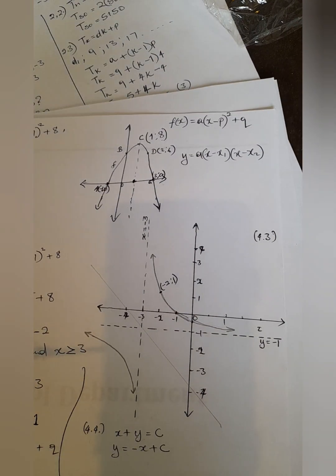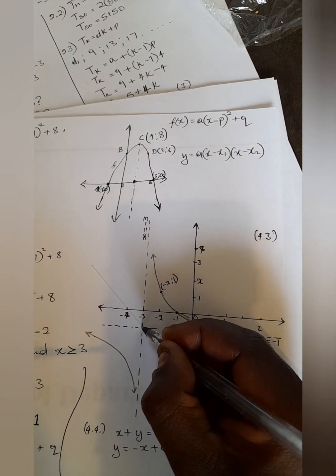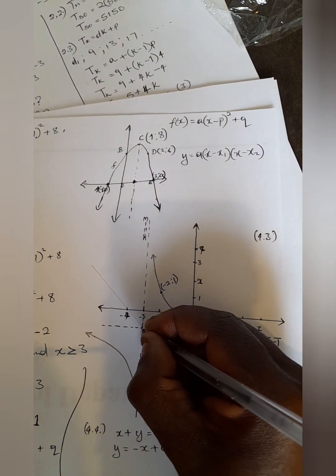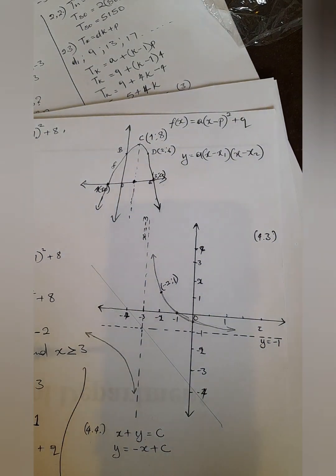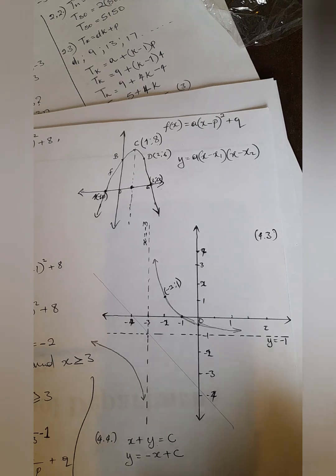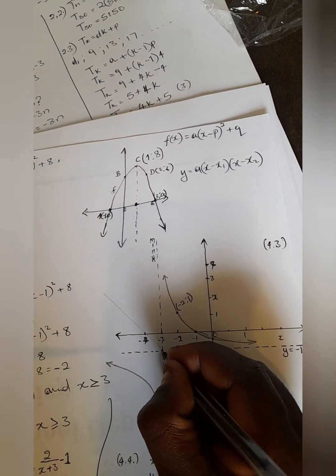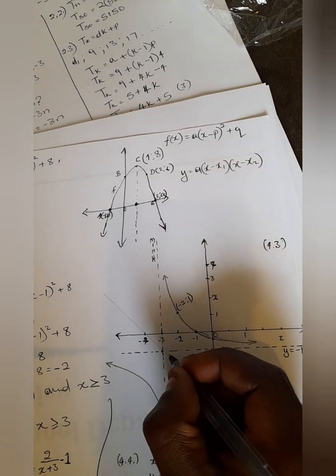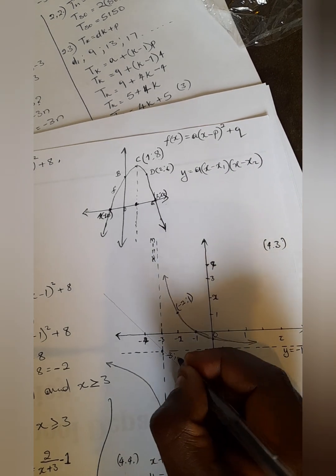All right. Remember, always your line of symmetry passes through your point of intersection where your lines of symmetry intercept. All right. So we know the values here. I mean the coordinates here. They are -3 and -1.